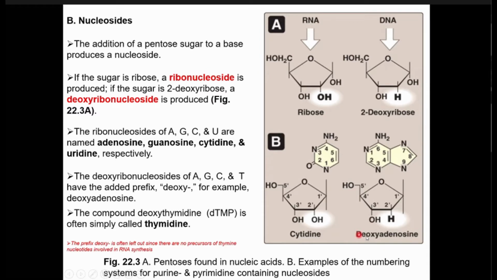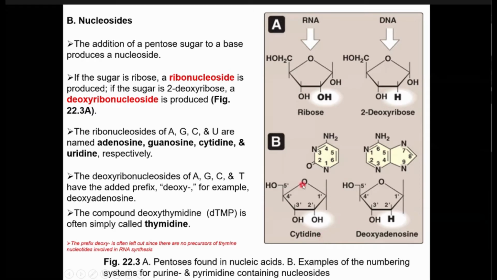I know it's a bit confusing. You see here, it should be cytosine-sine, as I mentioned here, a base plus a sugar, it should be cytosine-osine. But in this case, it's just difficult to call it that, so it's more suitable and easy to spell out, which is cytidine. So be careful about this.